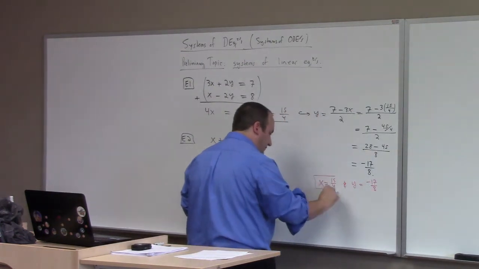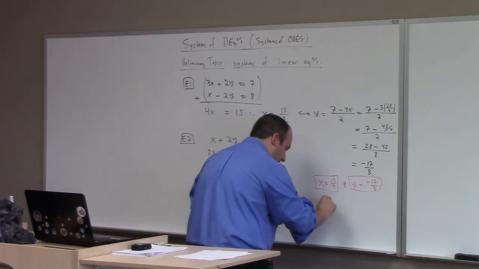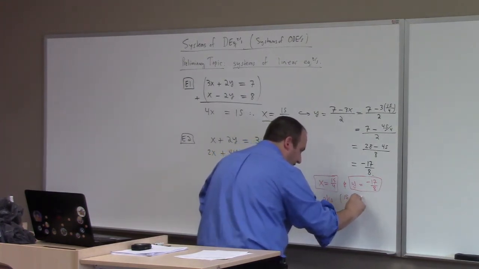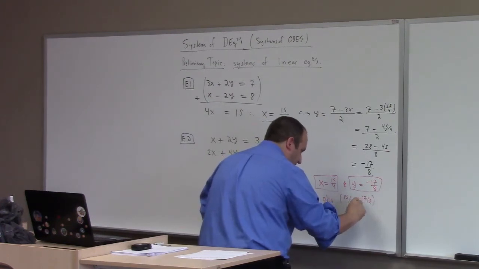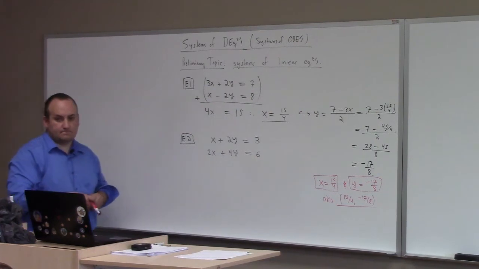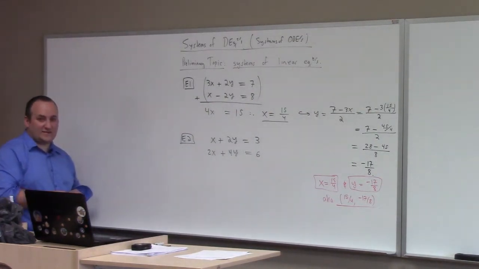So that's one way you could write the solution, in terms of both things. Or you can write it as a pair, 15 fourths, comma, minus 17 eighths, right? In some sense, the pair notation is better because it emphasizes that x and y don't exist in isolation, that you're solving both simultaneously, right?